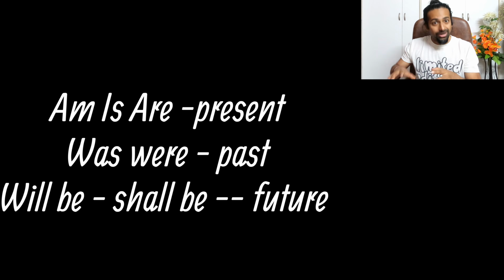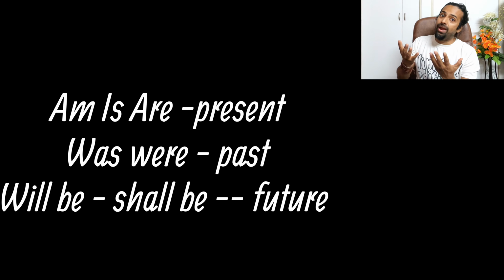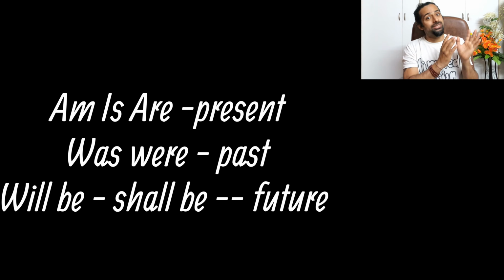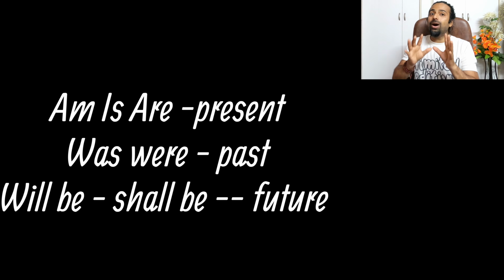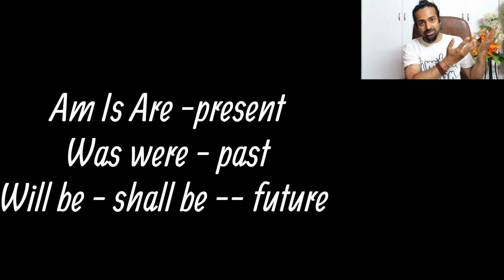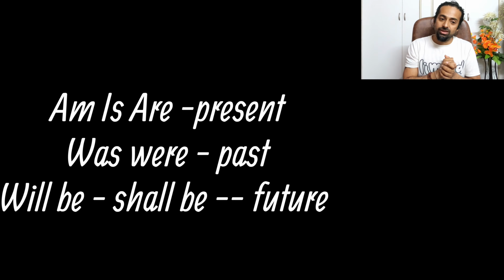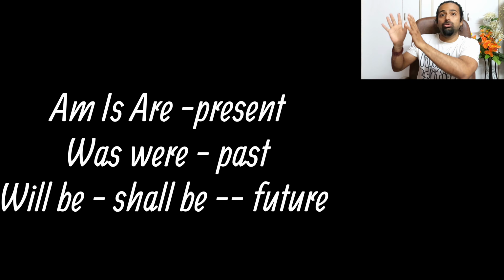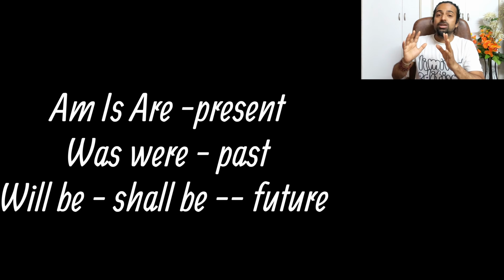We are talking about the present. And was, were come under past, which has already taken place. Remember, okay? Was and were. If we use these, it has already taken place in the past. And will be and shall be we use for future. Some incident or something which is going to happen in the future.